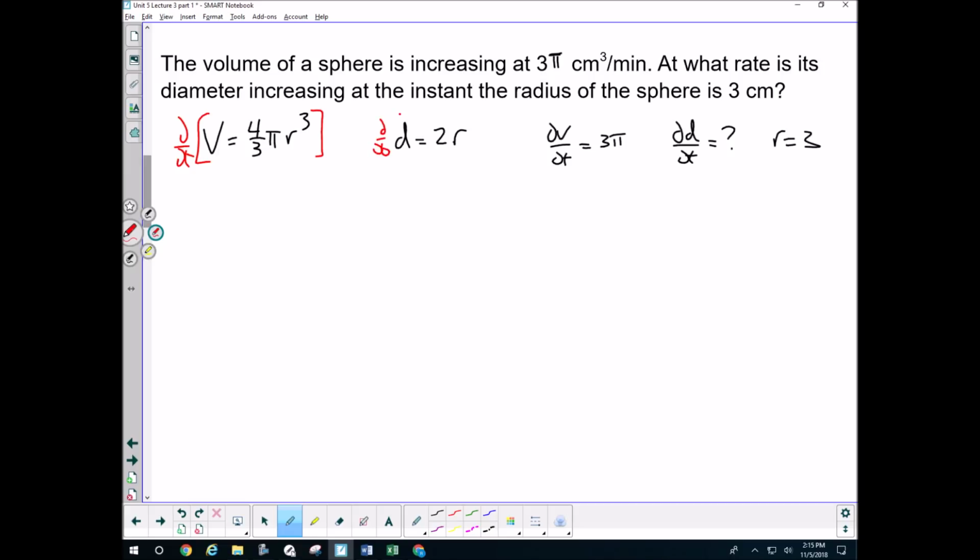I can take the derivative of both of them to start. That shows me that I need to find dr/dt to find dd/dt. There are other ways to do this, but I'll just stick to this way. Again, I've taken the derivative of 4/3 pi r cubed before. That's 4 pi r squared dr/dt.